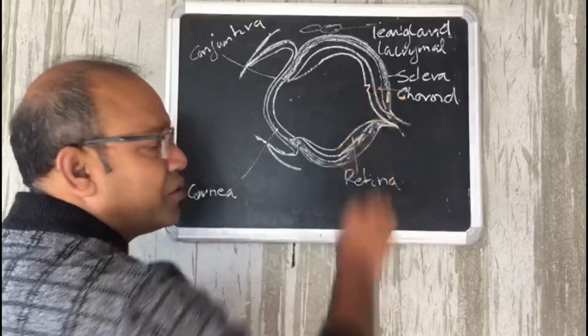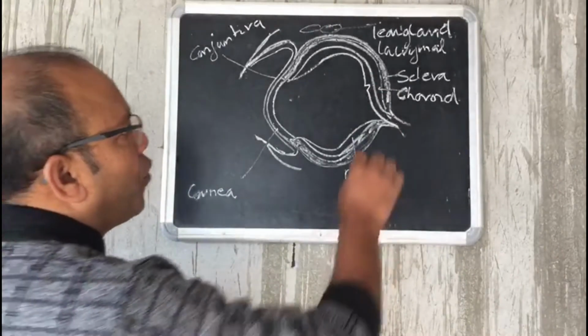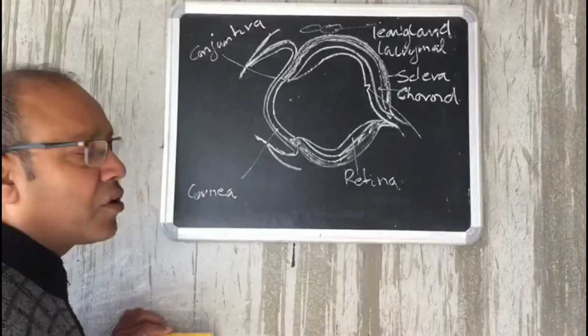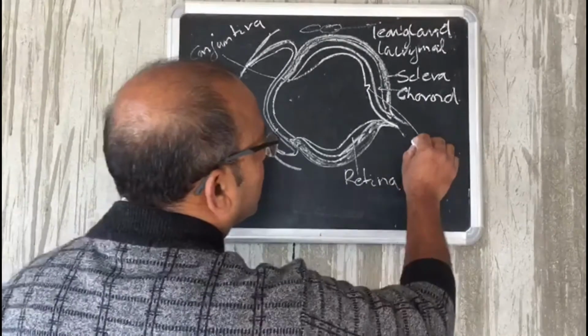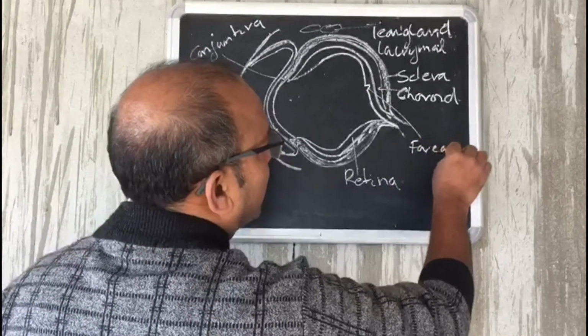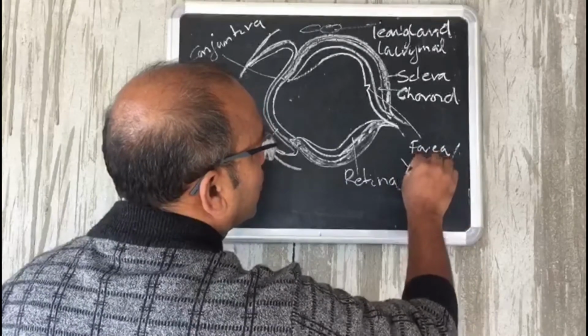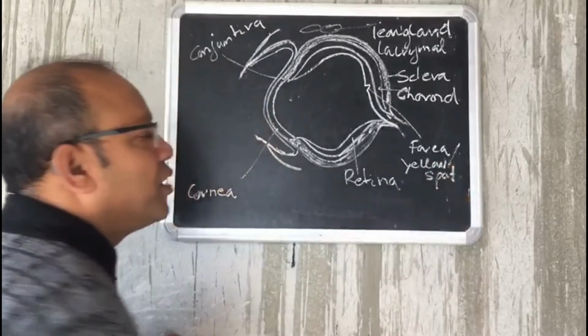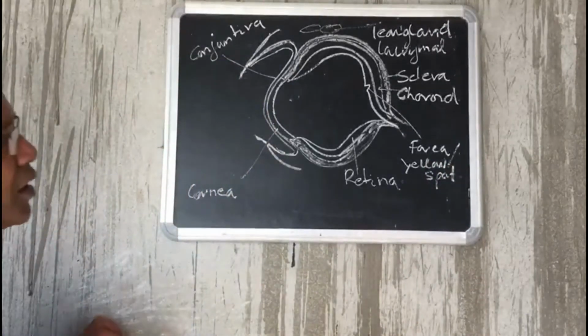In the retina, you'll see a small depression where there is maximum concentration of rods and cones. This is called the fovea, or it is also called the yellow spot.